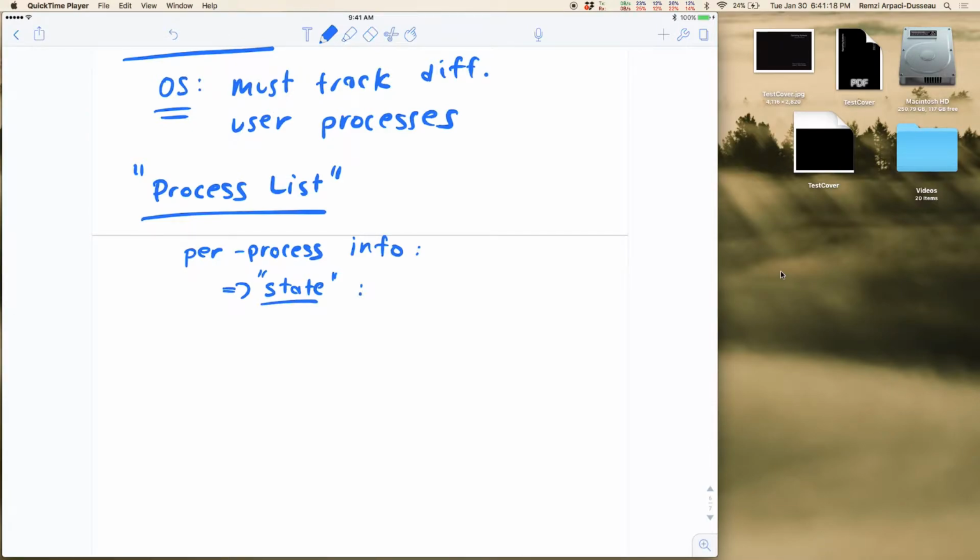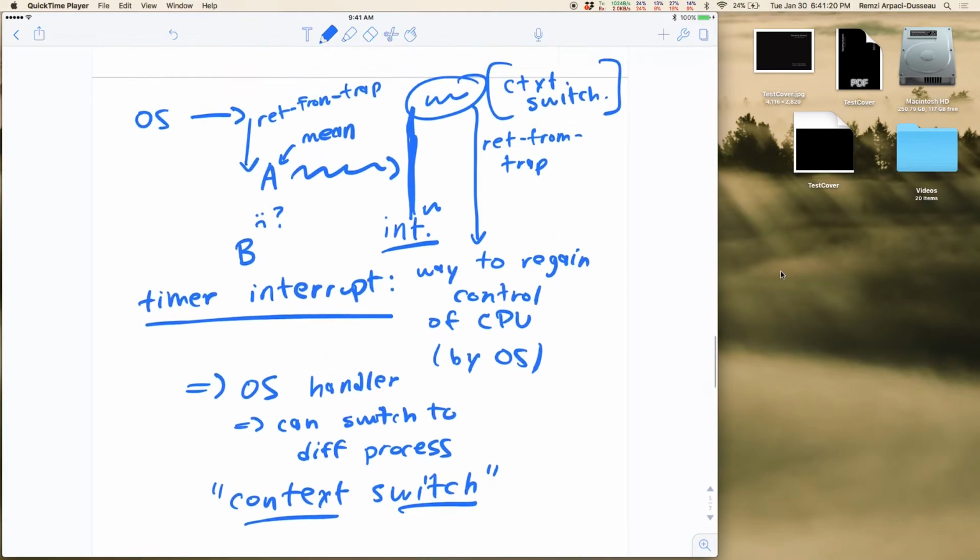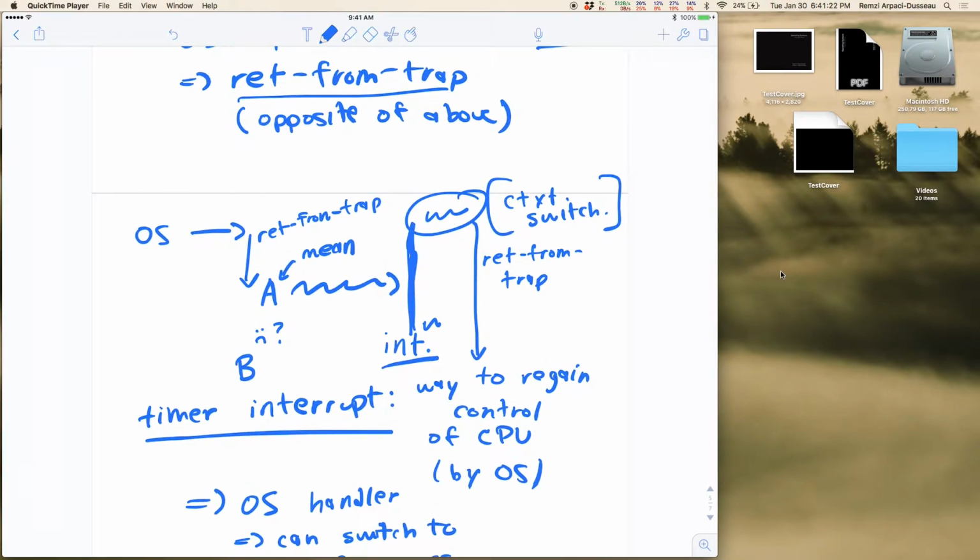So, for example, in our example that we looked at earlier, remember A was running, and B was over here waiting to run, ready to run, but it wasn't running. And so in this mode right here, we would say that A is running and that B is ready to run.